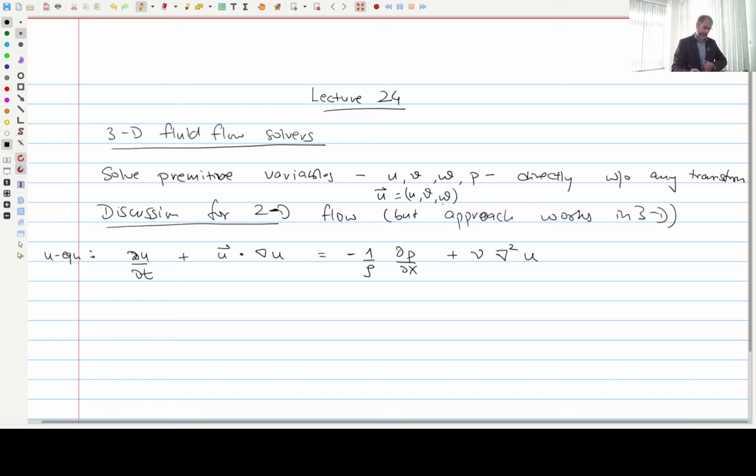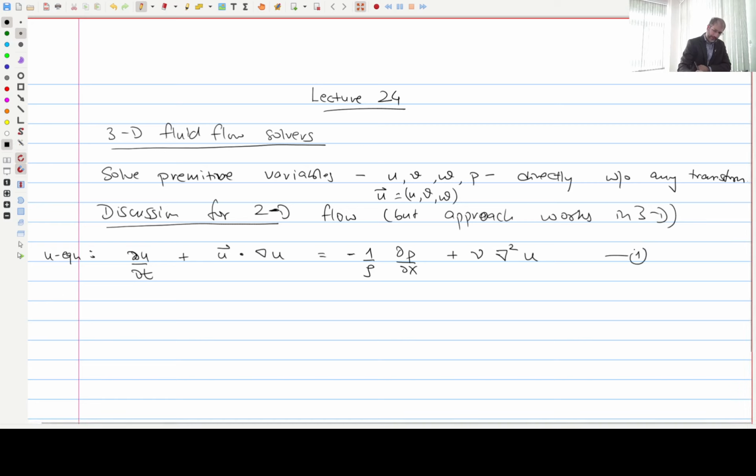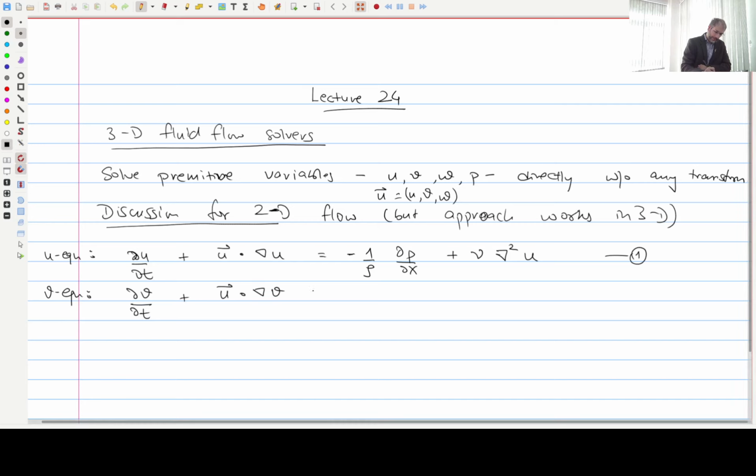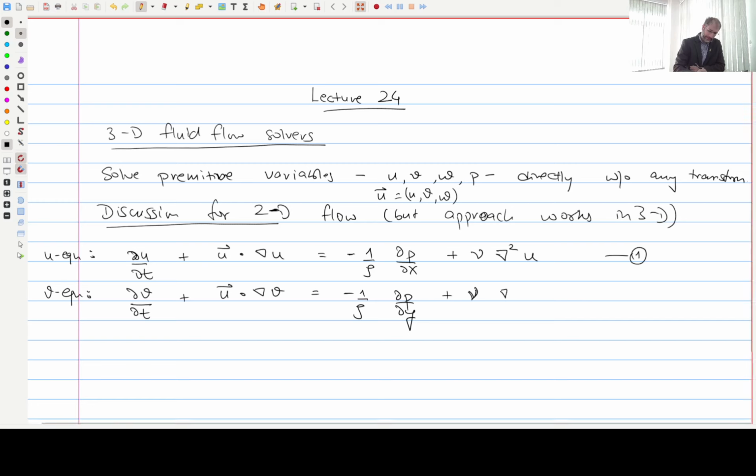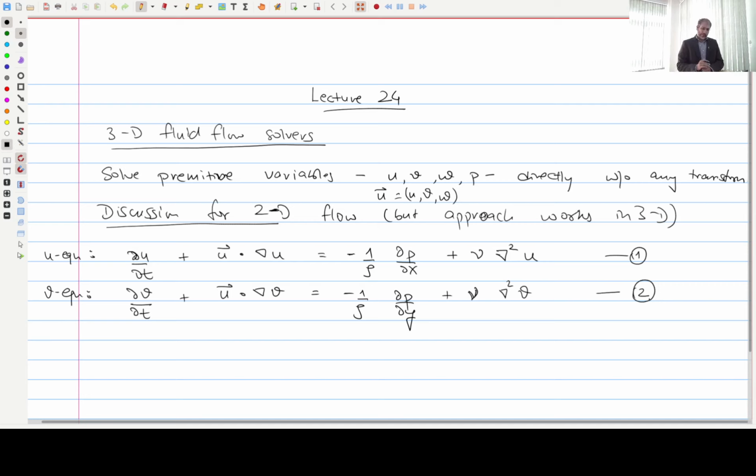That's the velocity vector. So the first equation is the u equation. Call this 1. Then the v equation is simply replacing u scalar with a v, and the pressure derivative is the partial derivative of p with respect to y here. All right, so these are our x and y velocity equations.